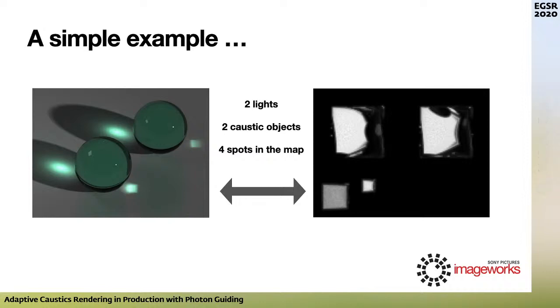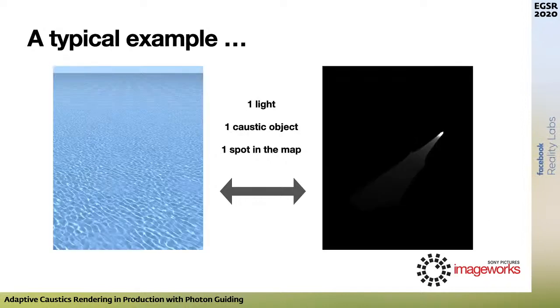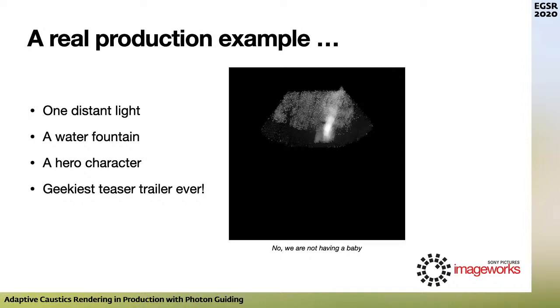Or in another typical case, if you have a big water surface and just 1 light, the guiding table looks like that on the right, which basically lets you see the camera frustum. And this is a more complex case from production. It's something that I didn't have to ask clearance for, but you can't really tell what the scene is. You just see what's the importance of the photon emission directions.